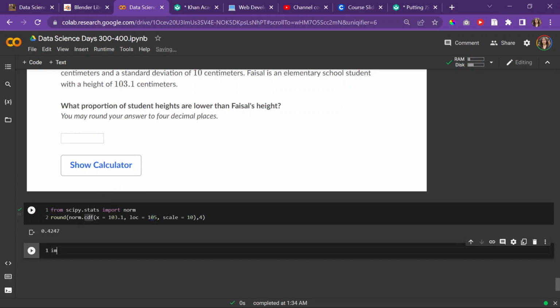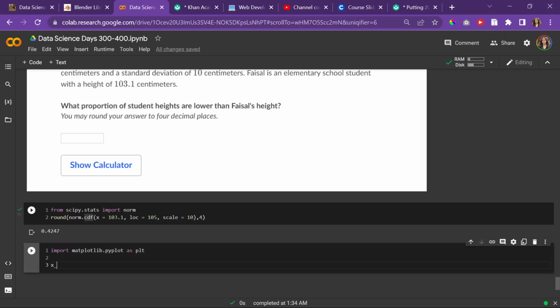So in order to do that, I'm just going to import matplotlib real quick. This has nothing to do with actually solving the problem. I just want to make a graph of what we're doing. So import matplotlib.pyplot as plt, and then in a graph, I obviously need x values, and I also need y values.